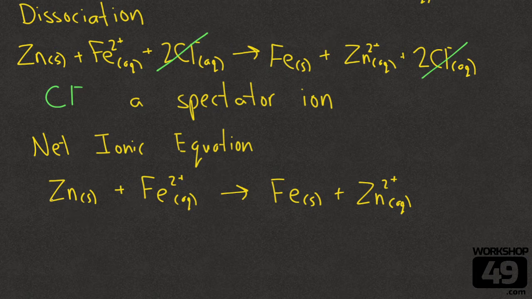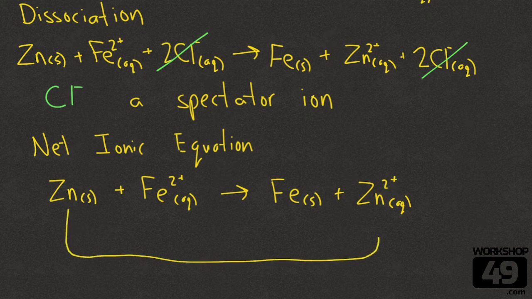The zinc over here as a metal is neutral. On the right-hand side, it is a charge of +2. In order to gain a charge of +2, it had to have lost negative charges, which means it lost 2 electrons. Oxidation is losing. Zinc lost electrons.